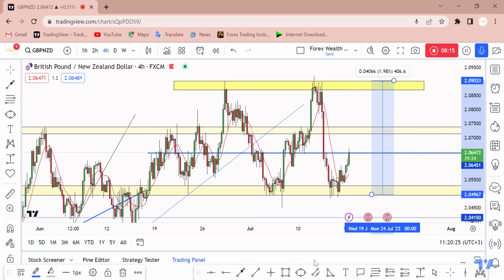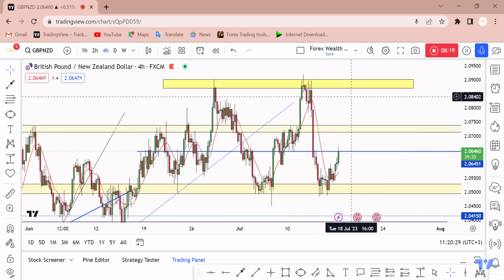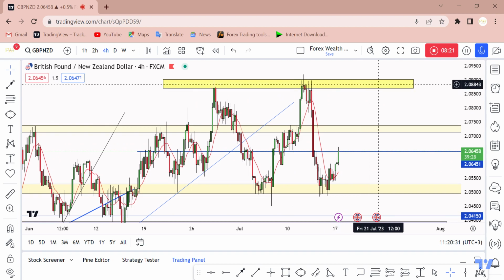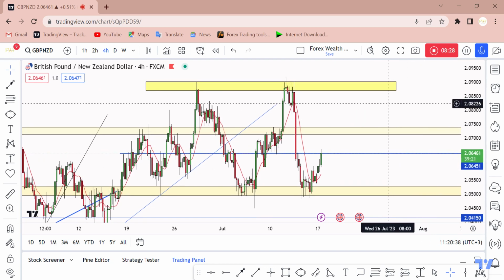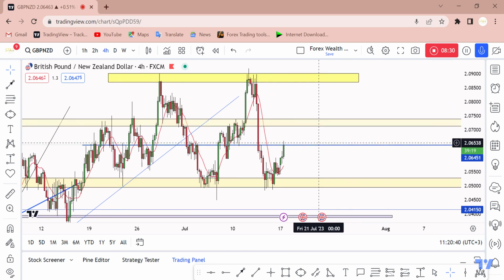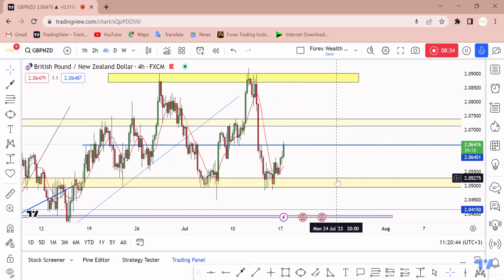So if the price decided to continue in this sideway, it will be awesome to trade from this sideway. Just sell it from here, buy it from here, sell it from here, and buy it from here until we see a break. So I'm waiting for the price to either reach this area or come back to the support, and from there I will enter a trade as trading these sideways.